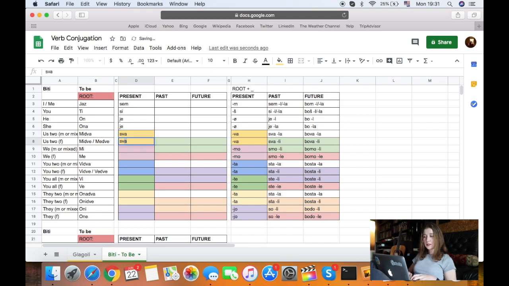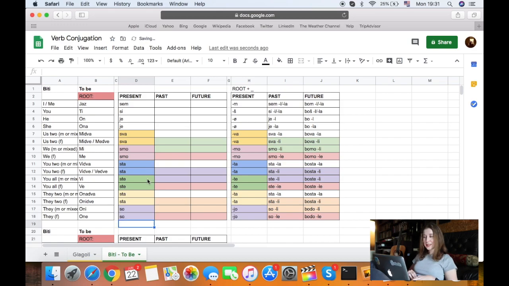Midve sva, again, we are. Mi smo, but are you seeing the color schema? So now it's going to be me smo. Vidva sta, vidve sta, so you are. And then vi ste, you are. Oni dva sta, oni dve sta, oni so, and one so.